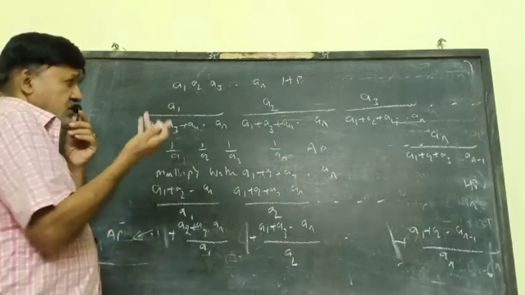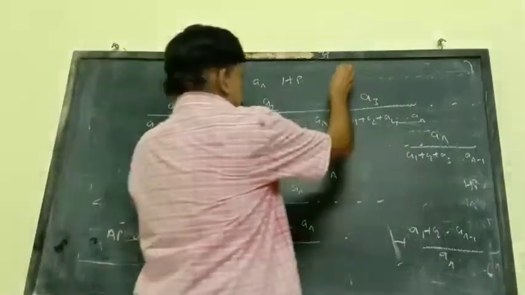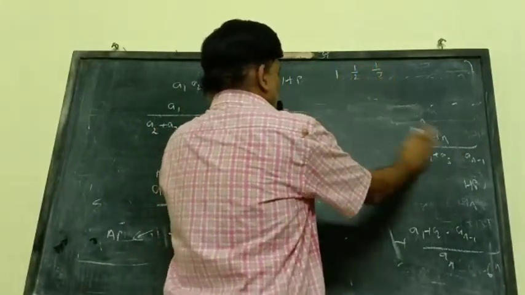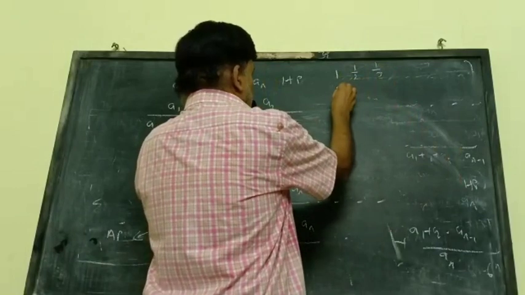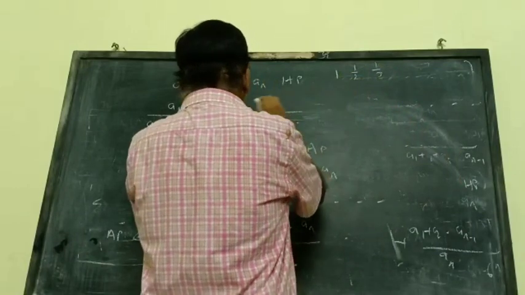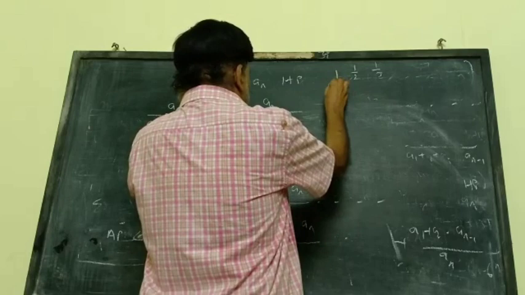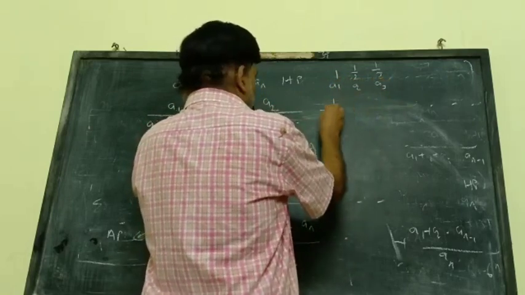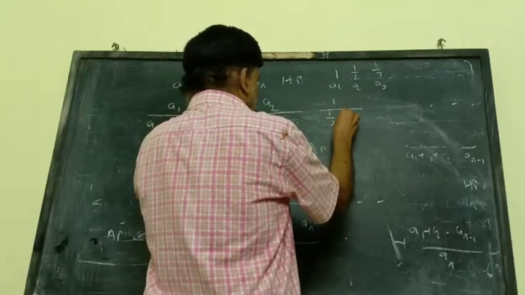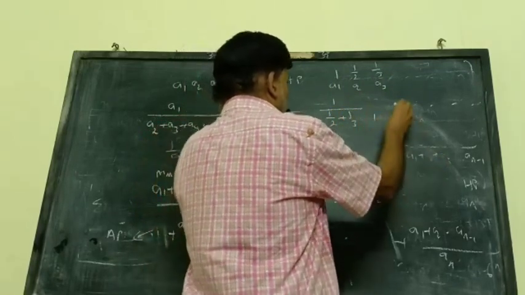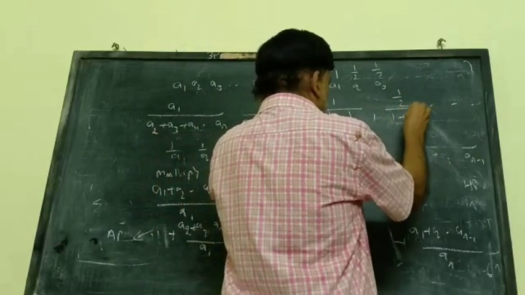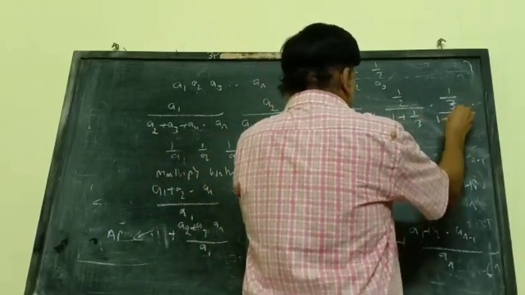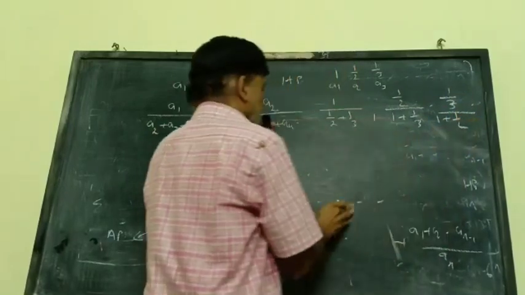Otherwise, you can consider some 3 terms. 1, 1 by 2, 1 by 3 you consider. So they are in HP, right? Now this is A1, this is A2, this is A3. You should write 1 by 2 plus 1 by 3, 1 by 2 by 1 plus 1 by 3, 1 by 3 by 1 plus 1 by 2.